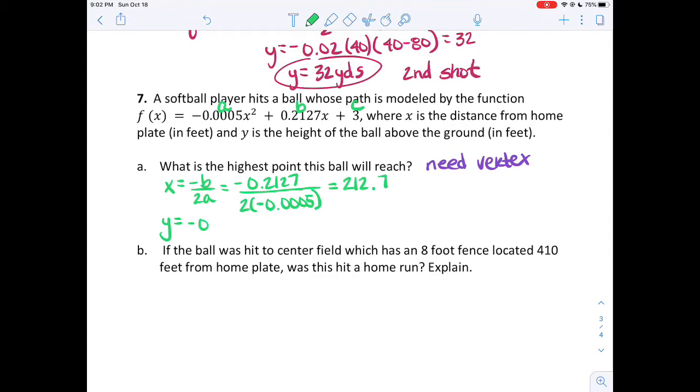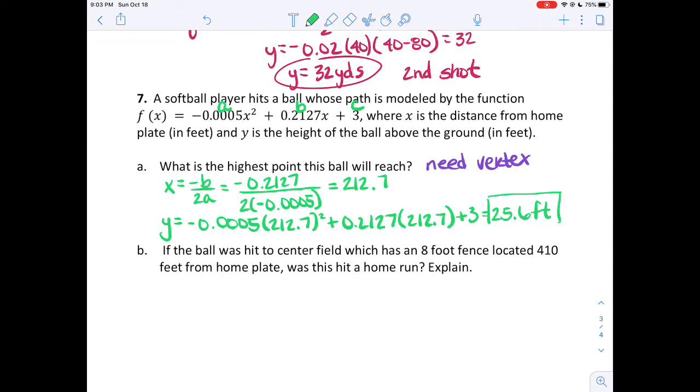So negative 0.0005 times 212.7 squared plus 0.2127 times 212.7, and then plus 3. And so putting all of that in the calculator, be super careful about where you put your parentheses, you should come out with 25.6 feet. And so that's how high up in the air it goes at its peak, at its vertex.